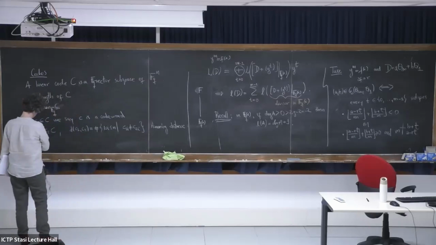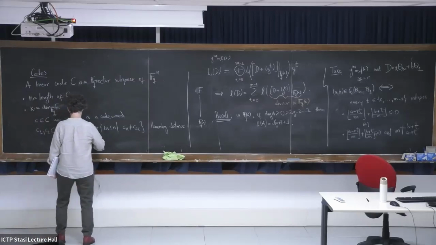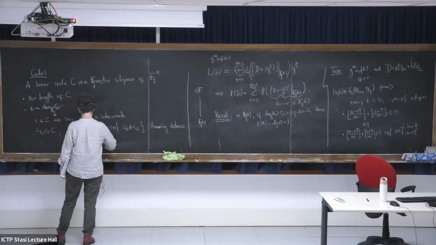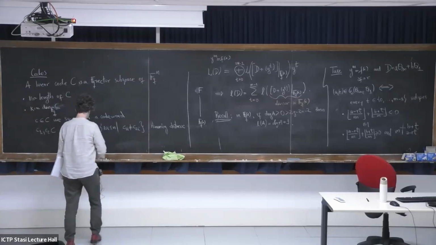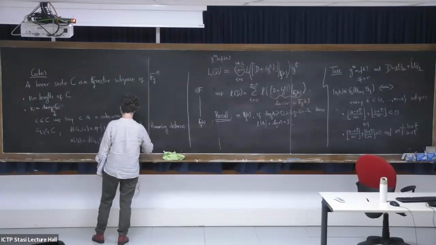For any code word, we also define omega of c1, the weight, which is the distance of the code word to 0. This is just the number of coordinates c1_i that are not 0.